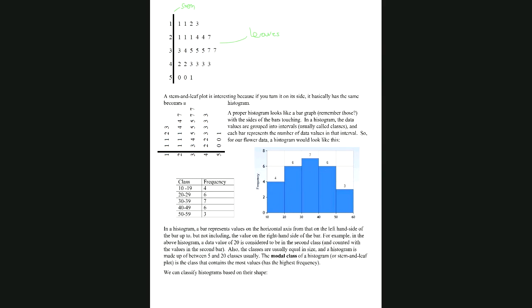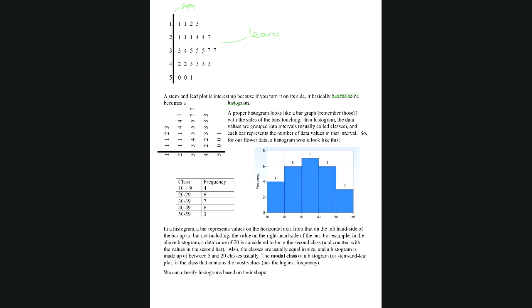Another reason why a stem and leaf plot is interesting is because if you turn the stem and leaf plot on its side, it basically has the same, actually that shouldn't say has the same, cross that out, so on page 2. It doesn't have the same, but it basically becomes something that we call a histogram.